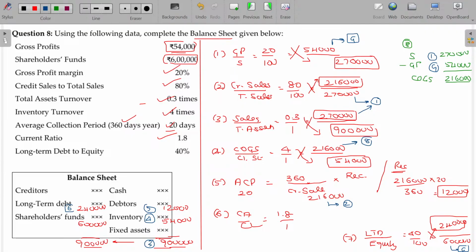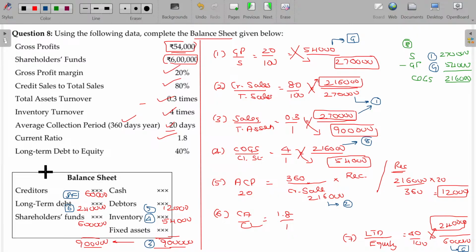We arrived at this from 6. Creditors can be easily calculated as a balancing figure, 60,000 rupees. That's why I told you, whenever you get any information to be posted in the balance sheet, post it there itself. Otherwise, you will get stuck.